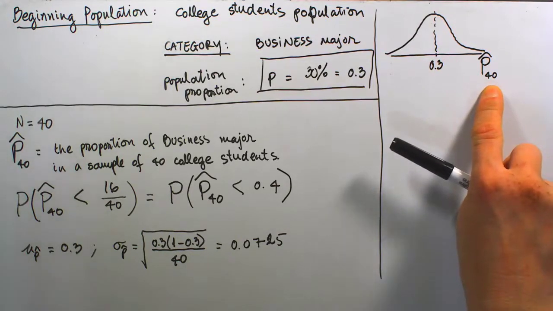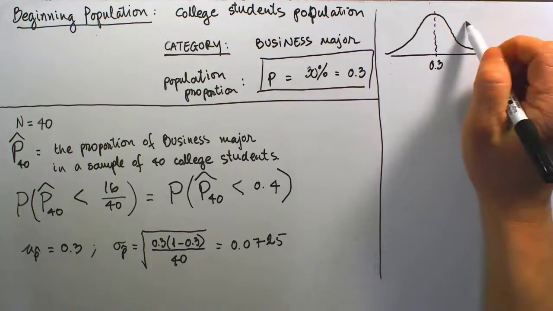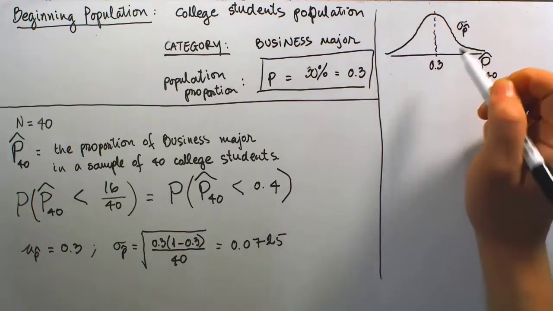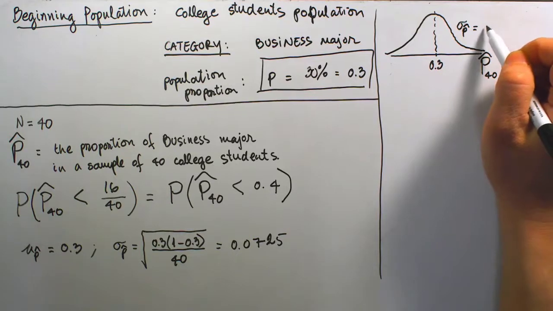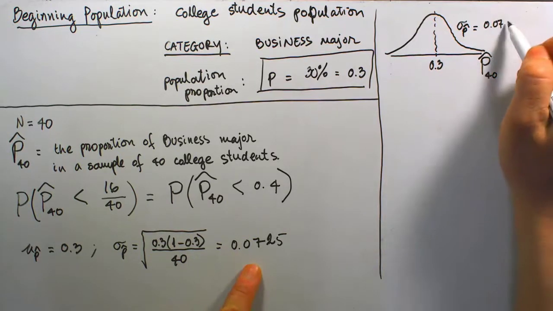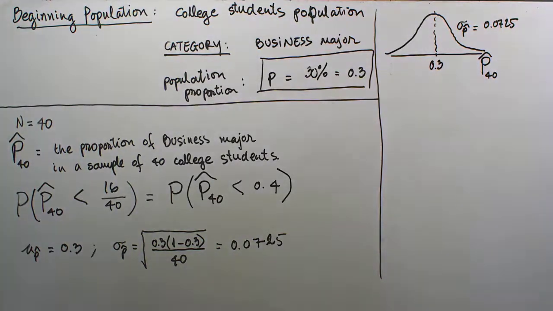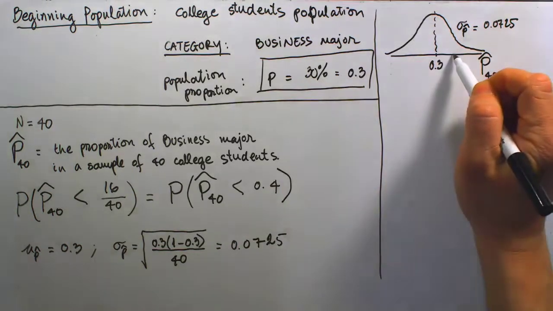And so in this case, for the way the bell curve here is, we currently know that the average spread on this bell curve, calculated previously, is 0.0725. Now, 0.4 is somewhere to the right-hand side.